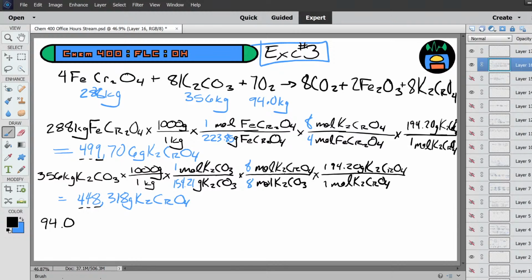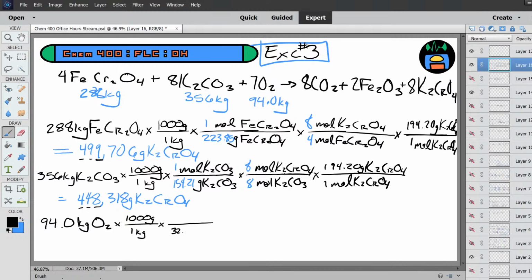94.0 kilograms of oxygen. So we have 1 kilogram in the denominator, 1,000 grams in the numerator, because we got to convert kilograms to grams. Next, we need to convert from grams of oxygen to moles.